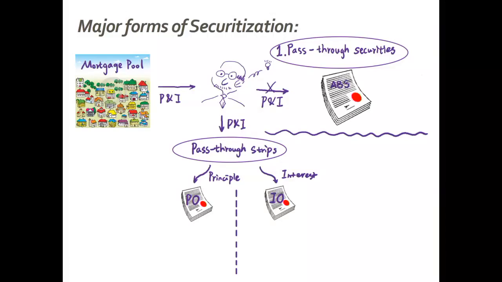The first thing, PO strip, you receive principal payments all the time. When there is a decrease in interest rates, when people start to prepay, how much will you receive? You will receive more principal. Right? So when they prepay, they actually pay down principal payments, which means as PO strip holders, you will receive more cash flows earlier, right?